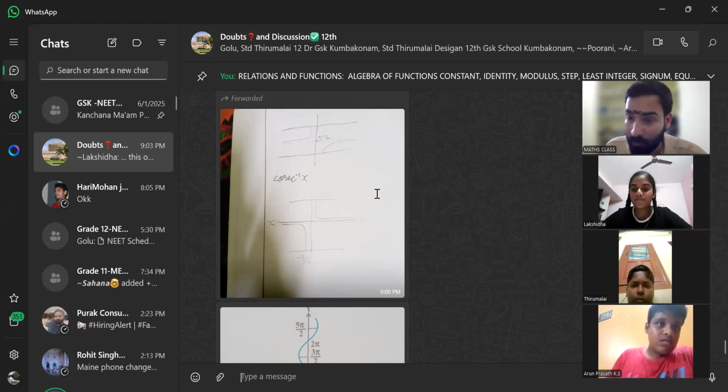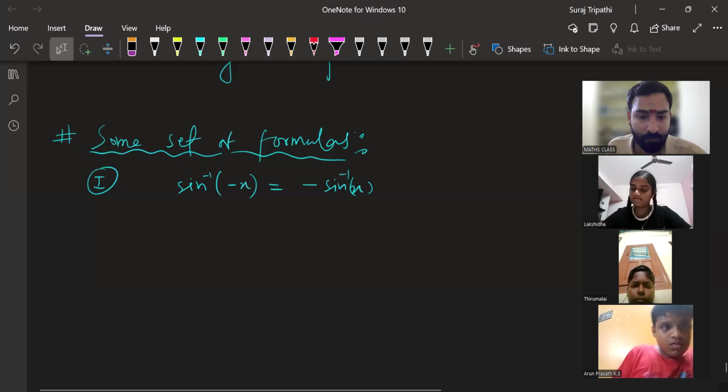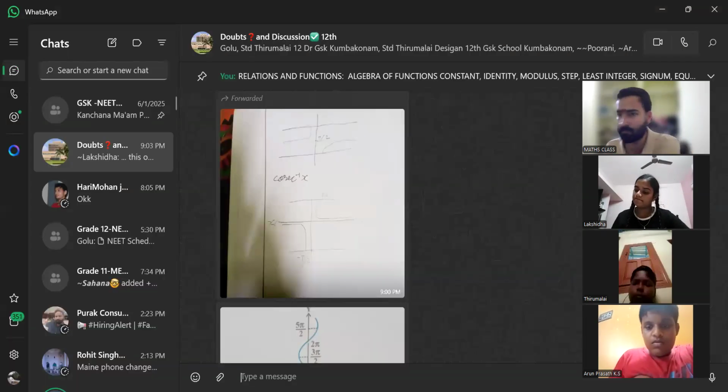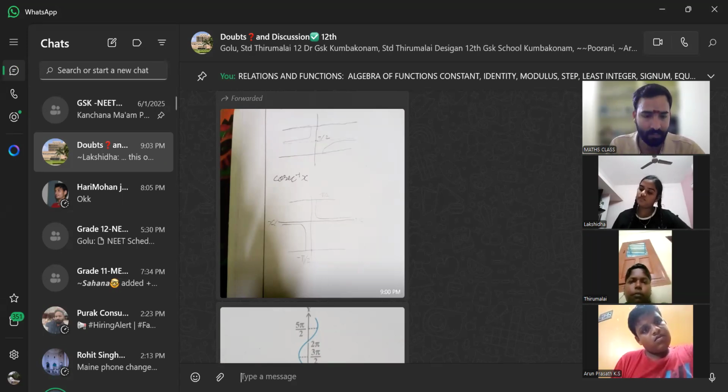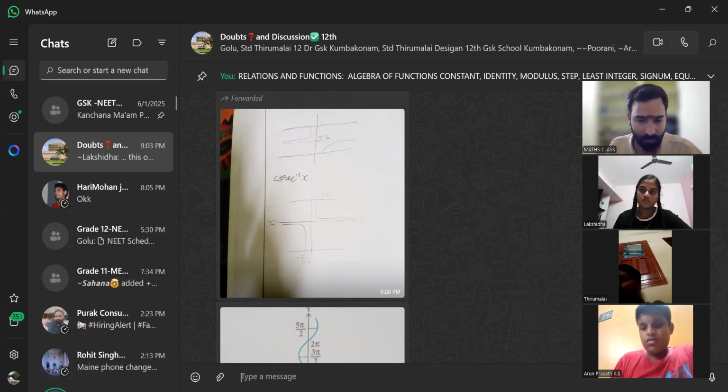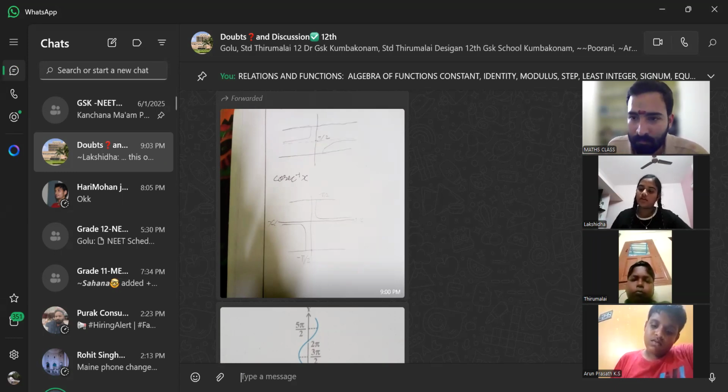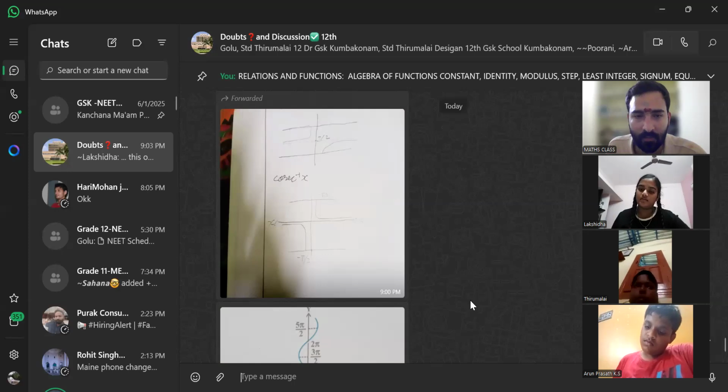Now write these formulas. These are very, very important formulas. So does anyone have that list where the domain and range are mentioned? Send that list also. The inverse one, sir, or the normal? Yes, sine inverse, cos inverse, range and domain.